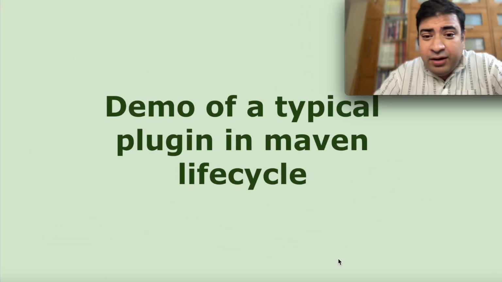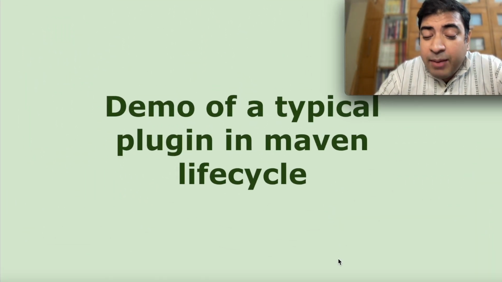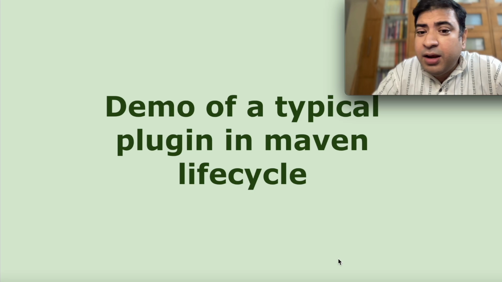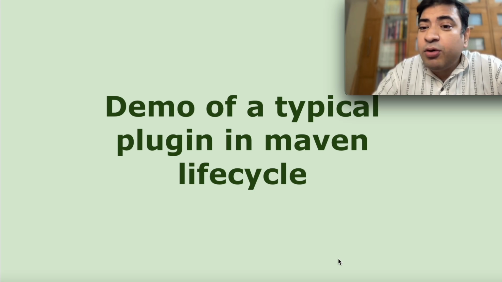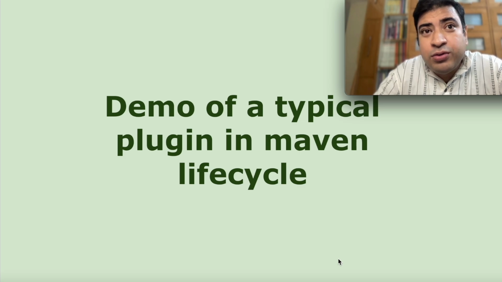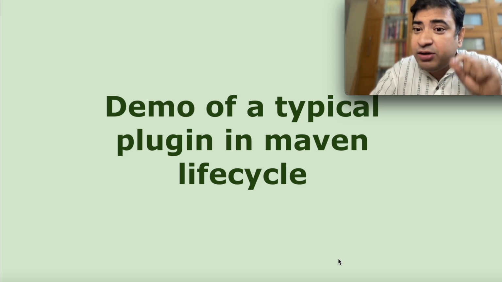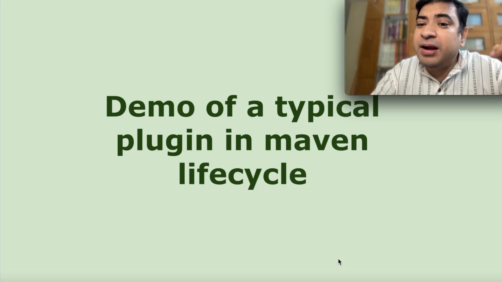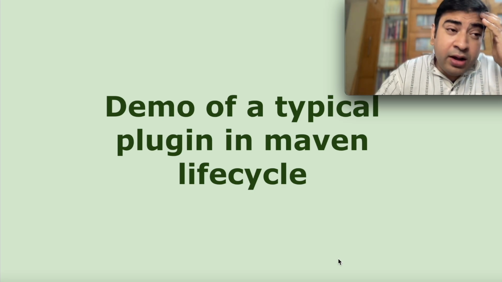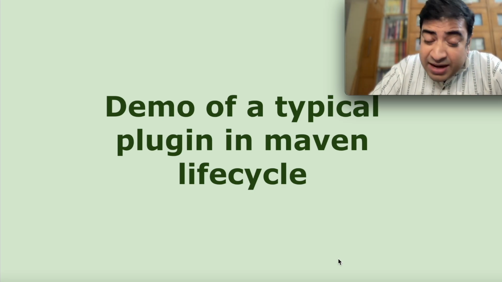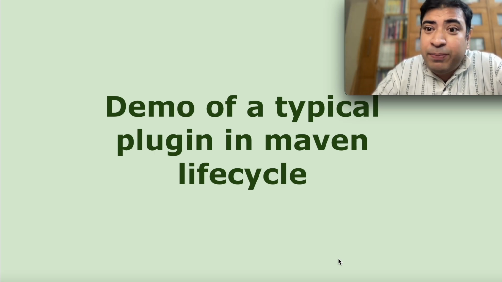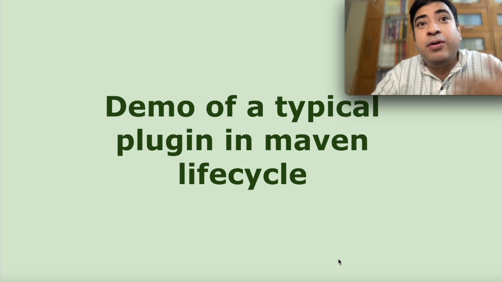So in this section, I'm going to show you a demo of a typical Maven plugin in the overall Maven lifecycle, and how we can use this plugin to do some special action. Every single plugin of Maven has to be attached to a phase within the build lifecycle. In fact, whenever a plugin is created, it is always attached by default to some phase.